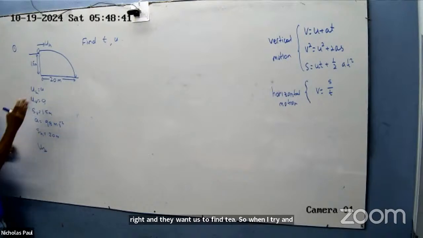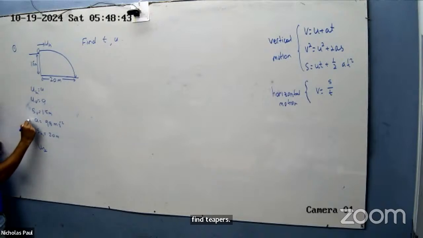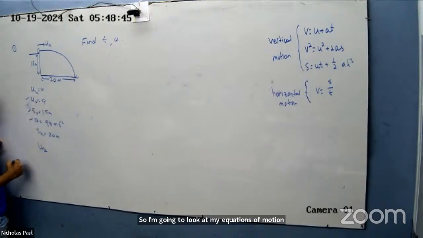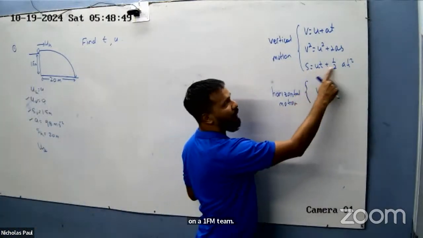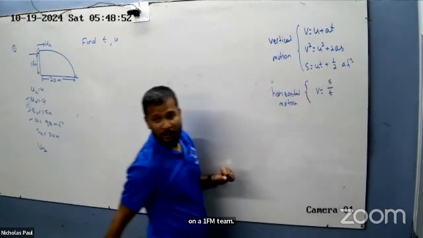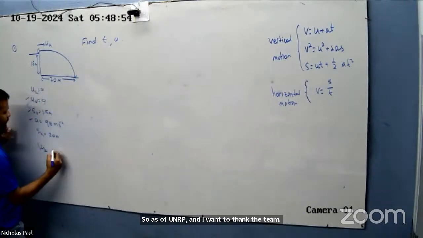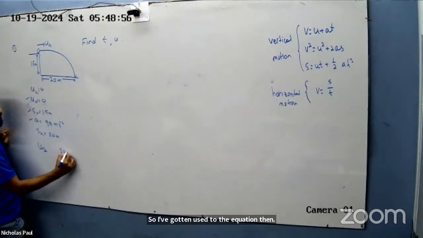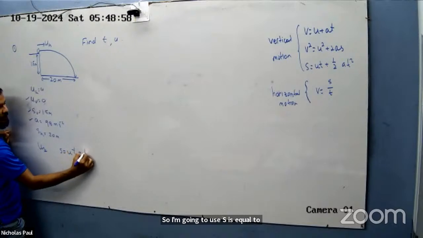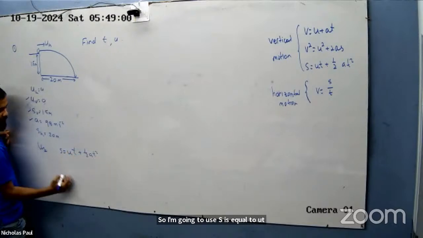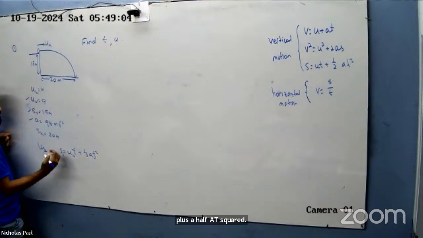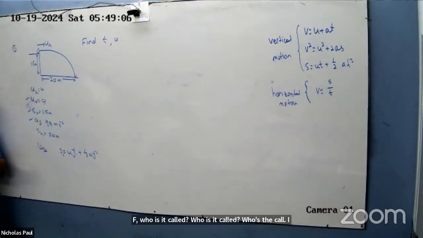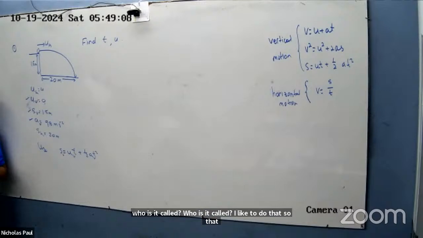So I'm going to look at my equations of motion, and I have 1, 2, 3. I have S, I have U, and I have A, and I want to find t. So I'm going to use the third equation: S is equal to UT plus a half AT squared. S vertical, U vertical, A vertical. I like to do that so that you know all the components you're using are vertical.